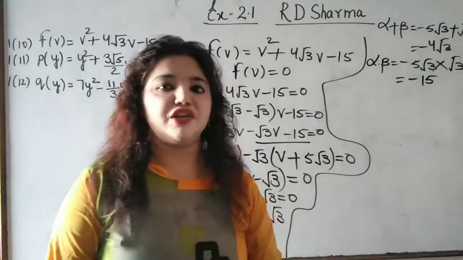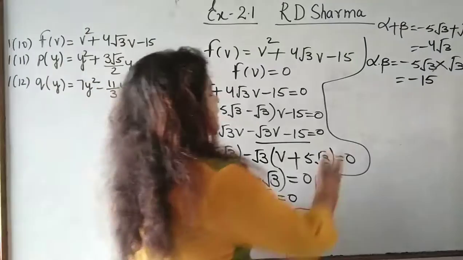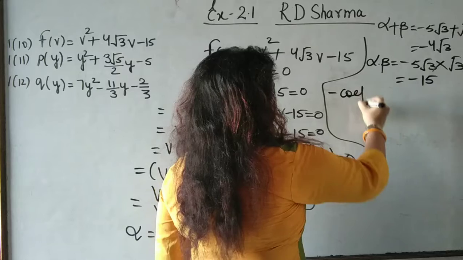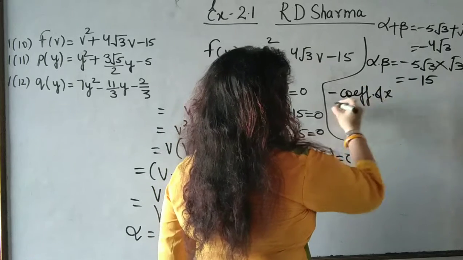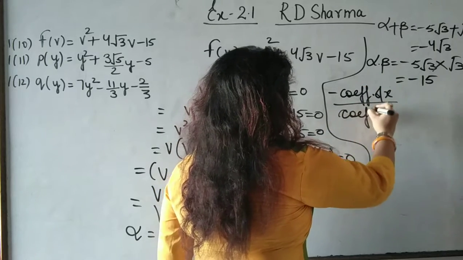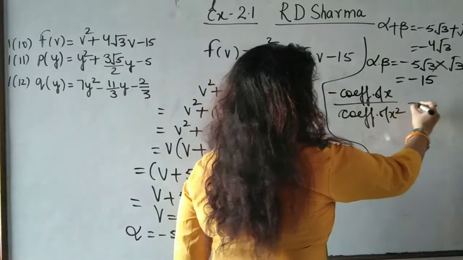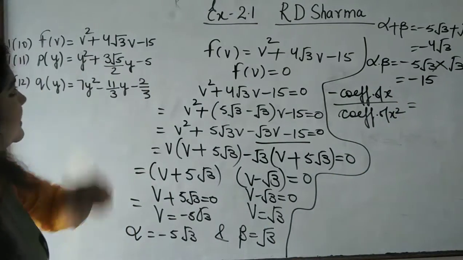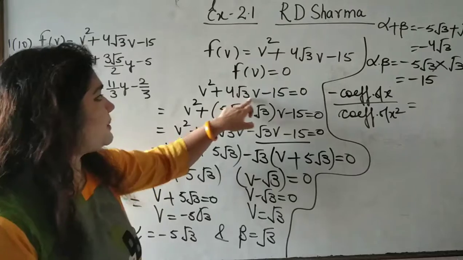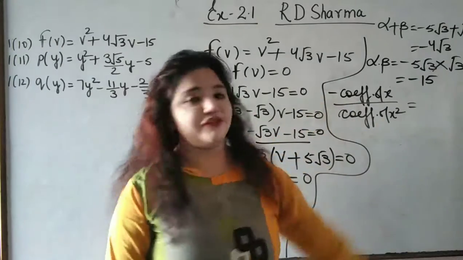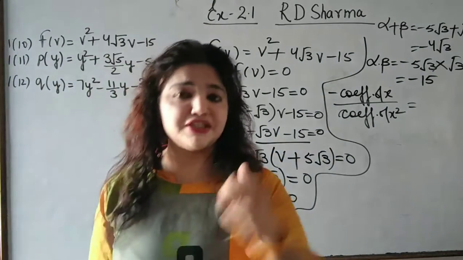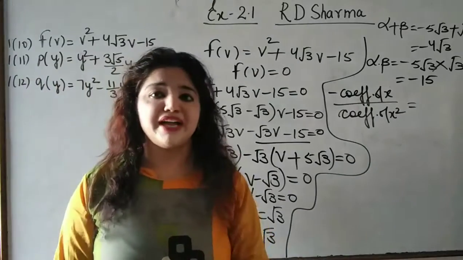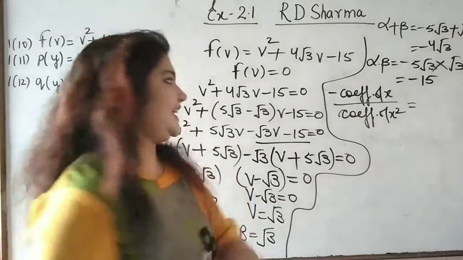We will just now check the values in terms of coefficients. So now minus coefficient of x upon coefficient of x square. Okay. So check, here is a polynomial. Our polynomial is this. So minus coefficient of x. X means in this question we will take minus coefficient of v, right?